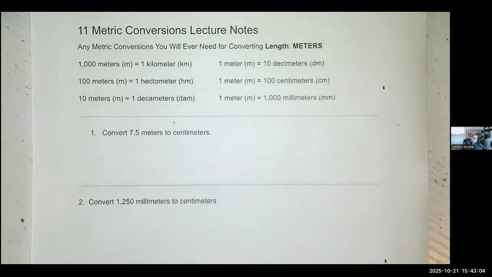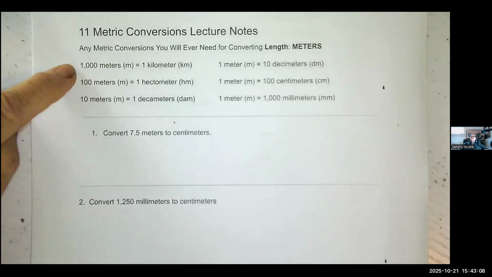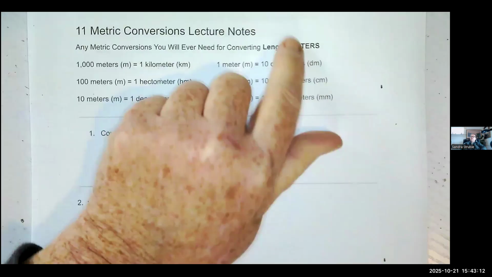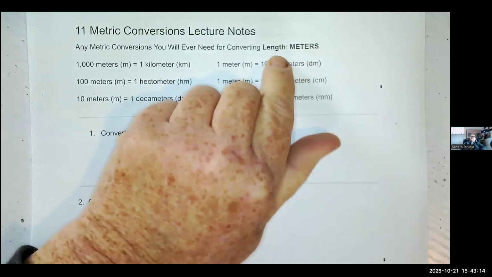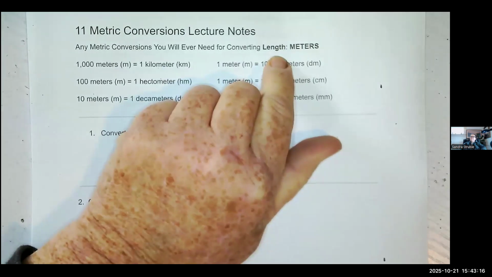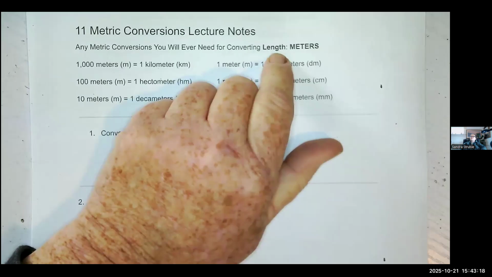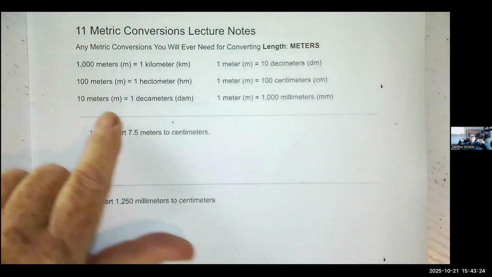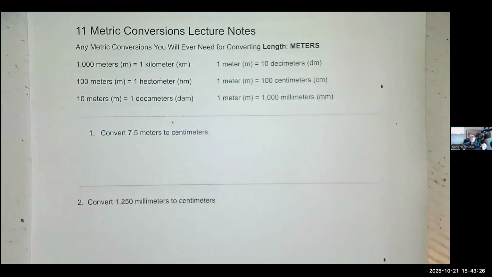So I'm going to give you, and these are going to be the exact same things for length, for weight, and for capacity. Length, you will only need to know the term meters. Everything will be based on meters. That's going to be your middle way to everything.